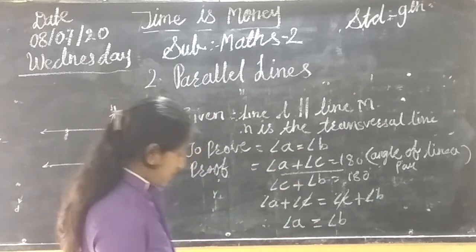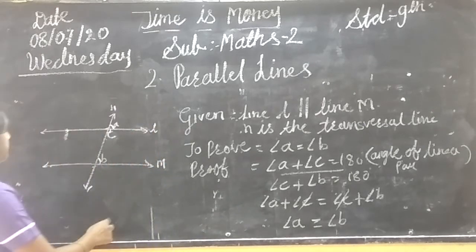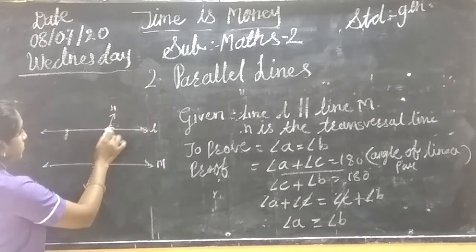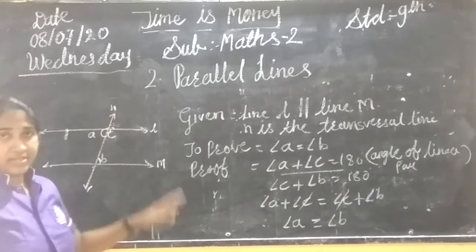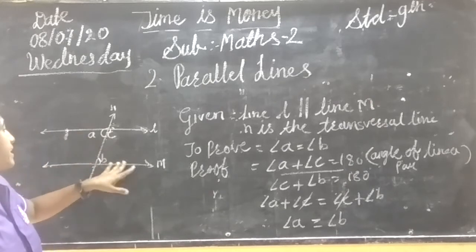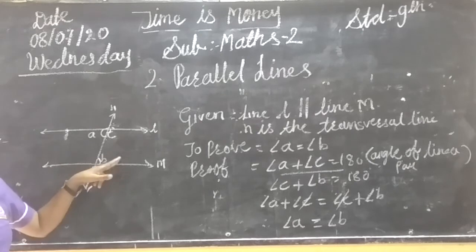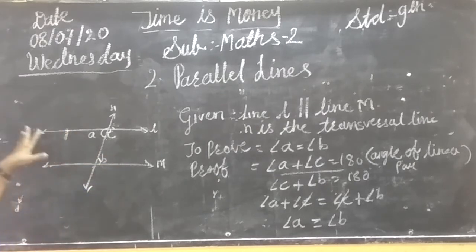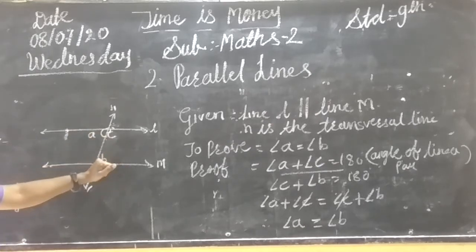Then the next theorem is about the alternate angle theorem. Alternate angle theorem. Suppose this angle A is on this side. Then which is the alternate angle? Angle A and angle B are the alternate angles, and they are also of the same measurement. That means if angle A is 60 degrees, then B is also 60 degrees.